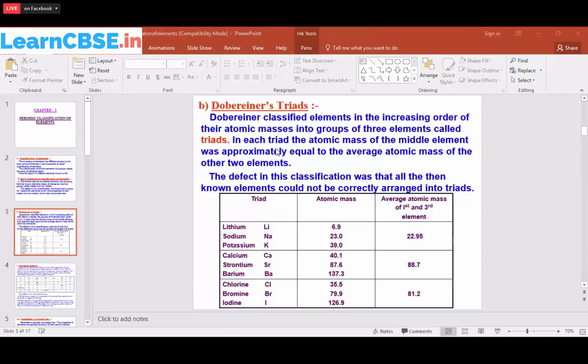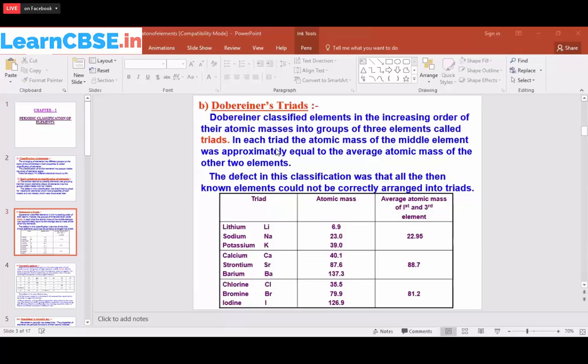What is atomic mass? Atomic mass is the combination of the protons and the neutrons. So they arranged the elements in the order of their atomic mass numbers.